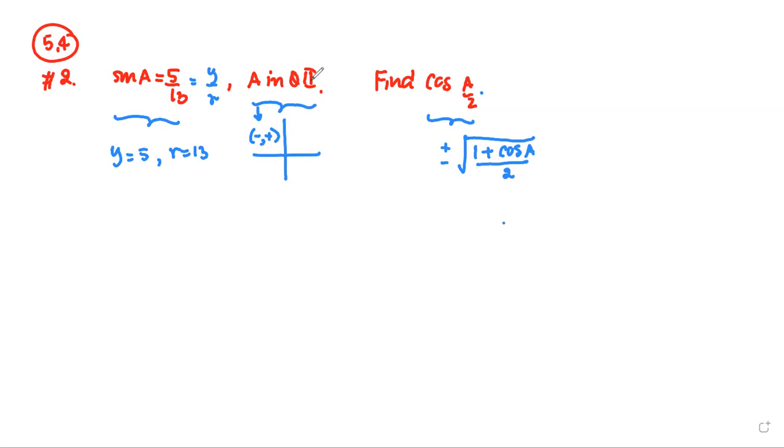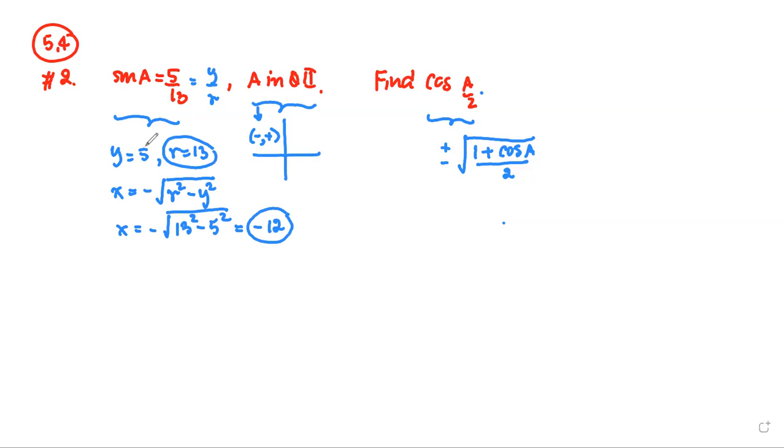In the second quadrant, x is negative, and it can be computed as negative the square root of r squared minus y squared, or x equals negative square root of 13 squared minus 5 squared, and we get x as negative 12. Now we have x equals negative 12, r equals 13, and y equals 5. Set it aside: cosine A is x over r, which is negative 12 over 13.